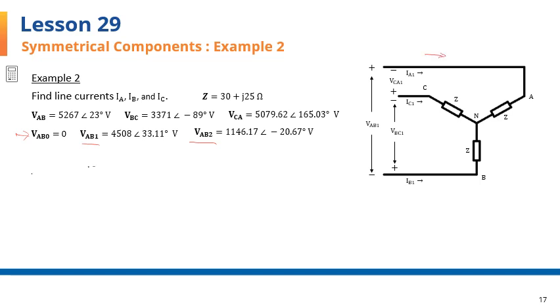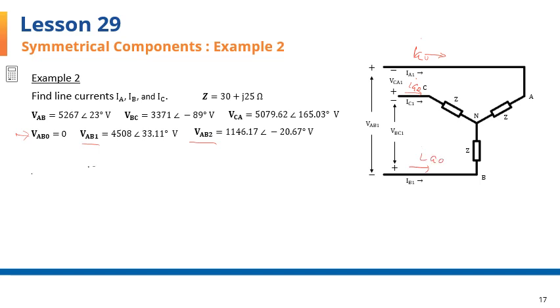You have three numbers going in, IA0, and IB0, which is again equal to IA0 because it's part of the zero sequence set, and IC0, which is again equal to IA0.